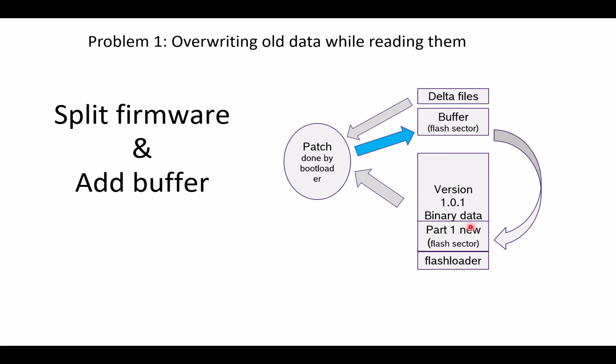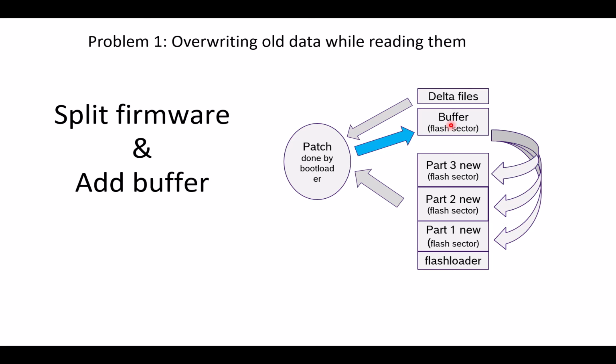And now we can go to the second part and say, okay, create a Delta file from this remaining part, write it to the buffer, and override the second, and so on. Buffer size can obviously be different. The smallest one is usually the flash sector size. It gets a bit less efficient the smaller the buffer gets.